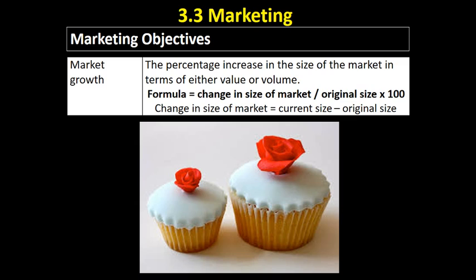We might look to get into a market that is growing quickly, in which case we need to measure the size of that growth. In this case, we had the cookie in the last one. In this case, what has happened is the market has got bigger. There are more sales in total in this market.